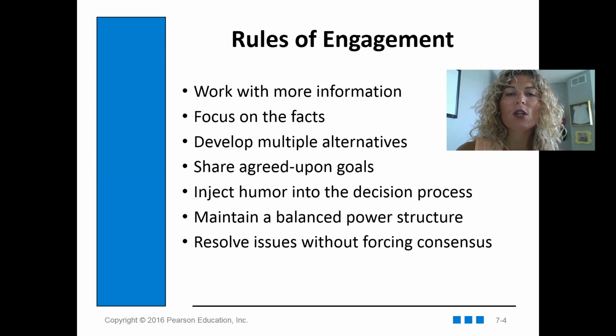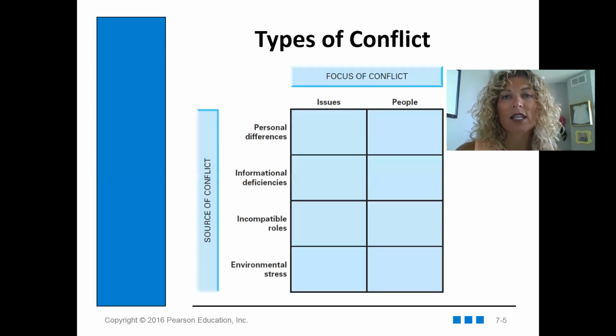Make sure we're focused on the facts and not the person, validating the other person, and making this a conversation and not just someone dominating it. So we can really utilize supportive communication in these types of conversations.